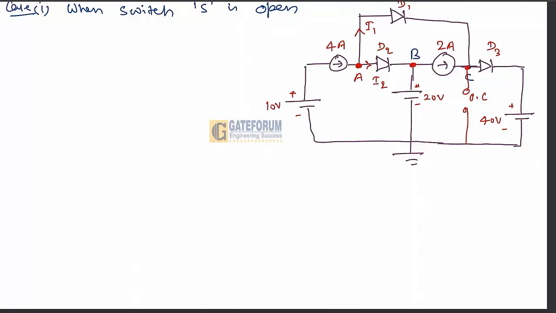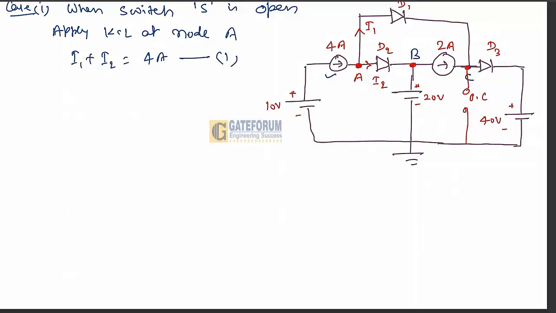So here if we apply KCL at node point A, then what will be the equation? At this point the incoming current is 4 ampere. So here we can say, apply KCL at node A. Then we'll get I1 plus I2 is equal to 4 ampere.